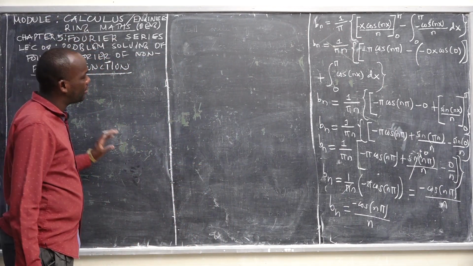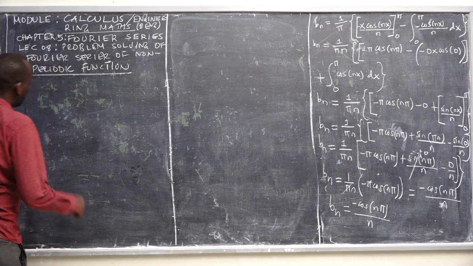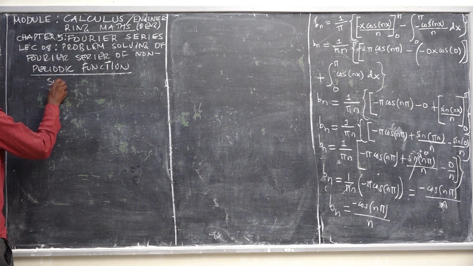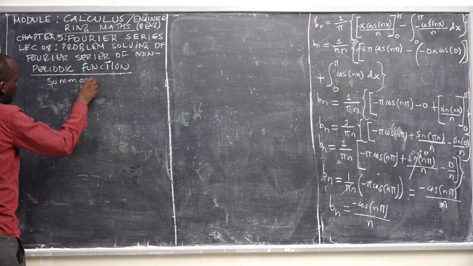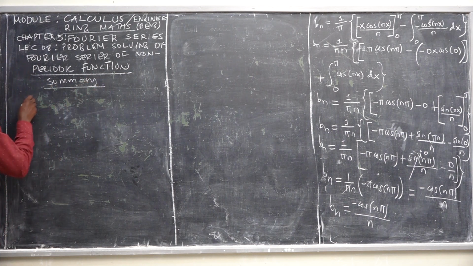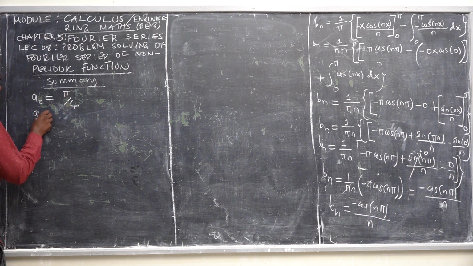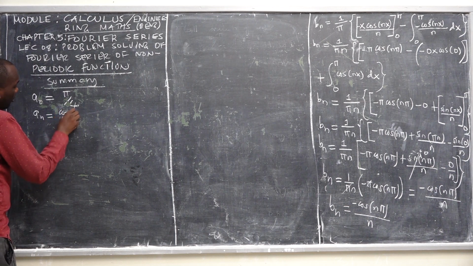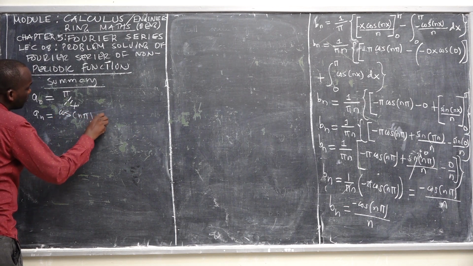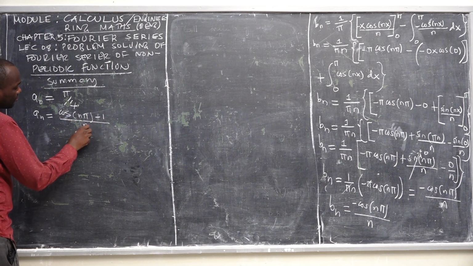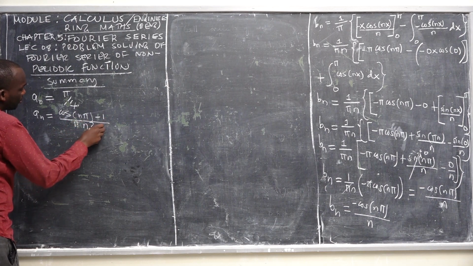So let's just write the summary of the important information that we've found. We have a naught is equal to pi over 4. An is equal to cosine of n pi minus 1 over pi n squared.